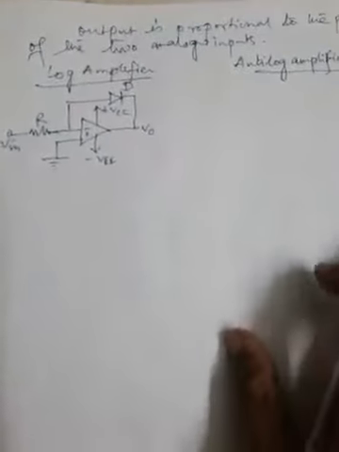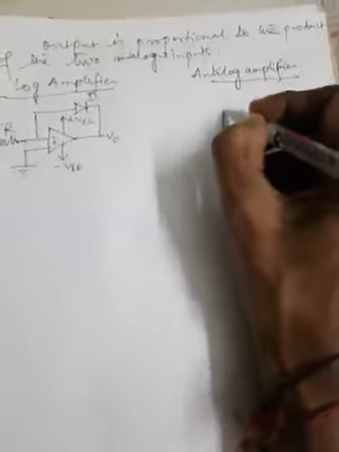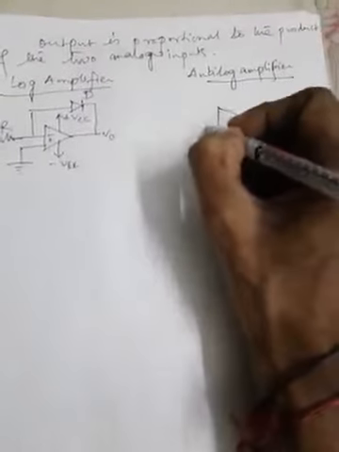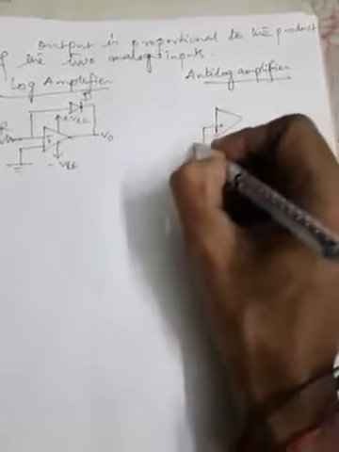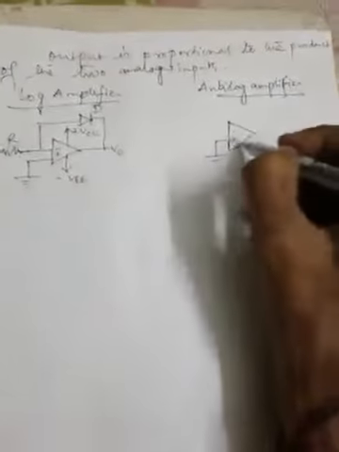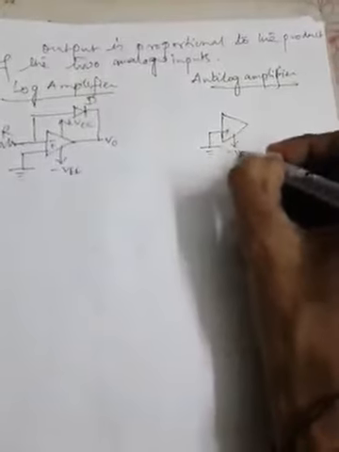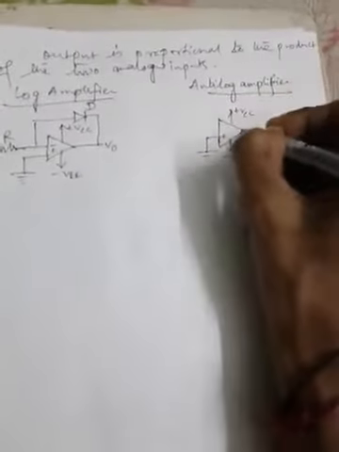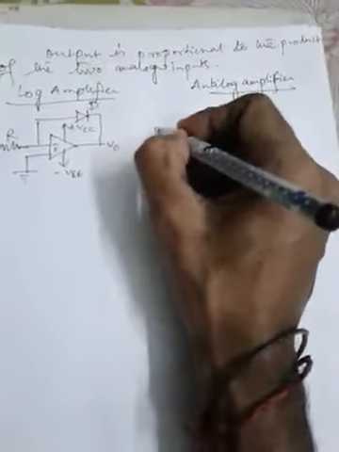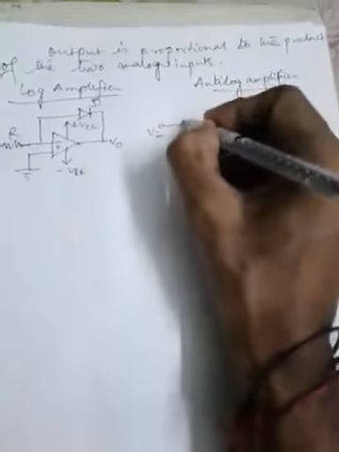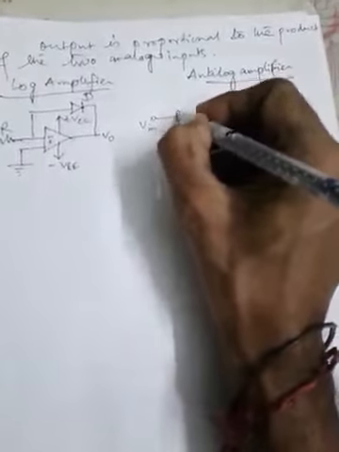So this was the circuit for log amplifier, and the same circuit, only a slight difference, is for anti-log amplifier, where the non-inverting terminal is similarly grounded. This is output VO and the Vin is applied similarly at the inverting input through the diode, which was in the feedback path in case of log amplifier.